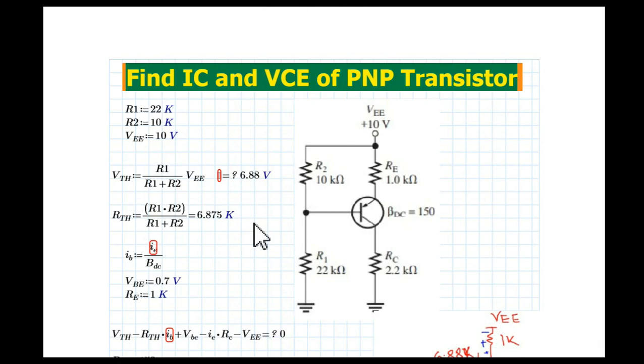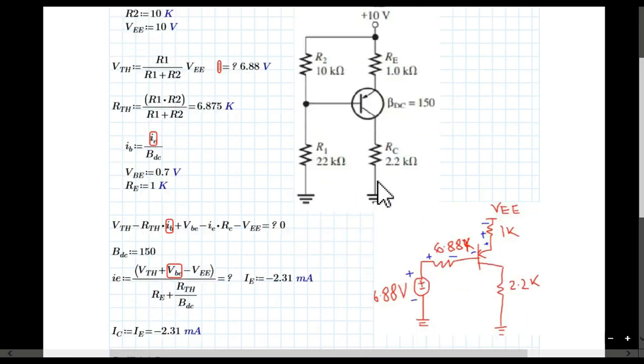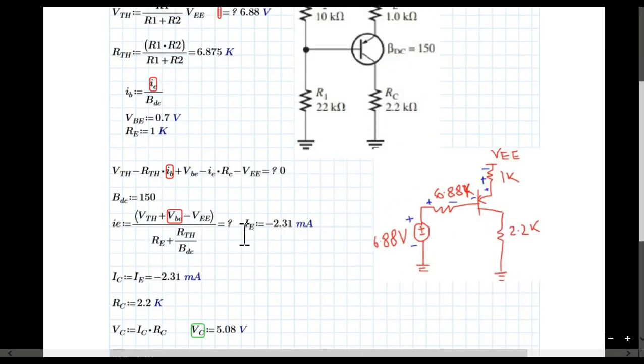Finding the values for an NPN transistor is a bit easy, but here it's a bit tricky. You have to understand how to apply the KVL, how to solve for the different values, and you also need to understand the values of IE and IC, since they both are negative values, right?